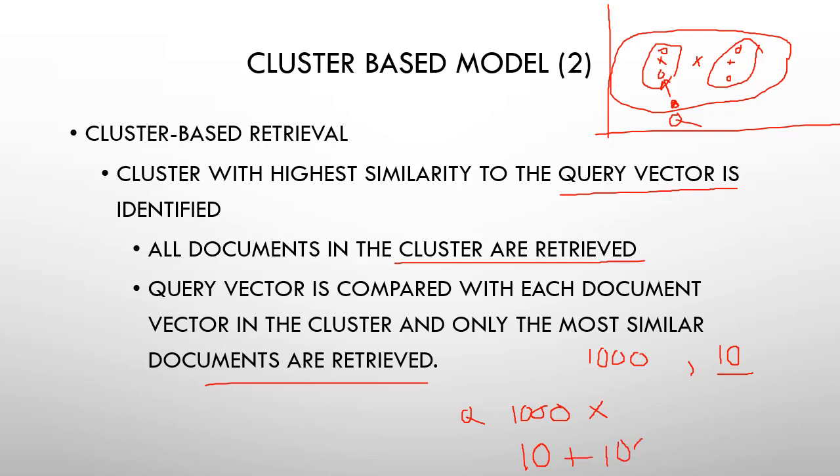So with clustering we need to calculate only 110 times, whereas without clustering we have to calculate 1,000 times. So that's a big computational saving. It's almost 10 times faster.